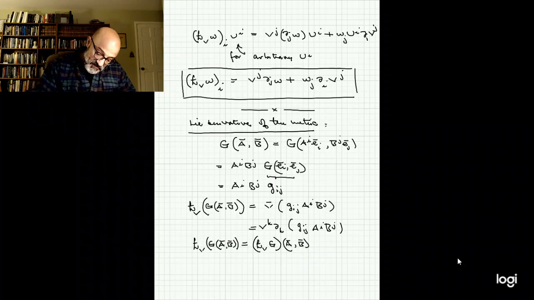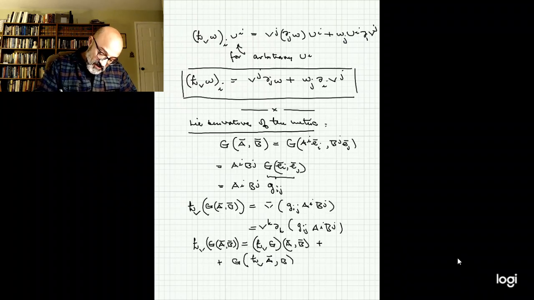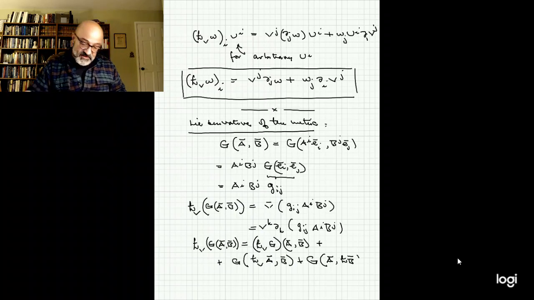So that's the first term, but we're also going to have G acting on the Lie derivative of the first vector plus G acting on A, the Lie derivative of the second vector.